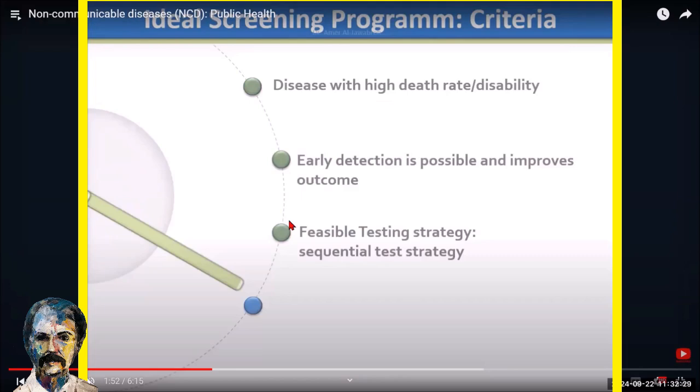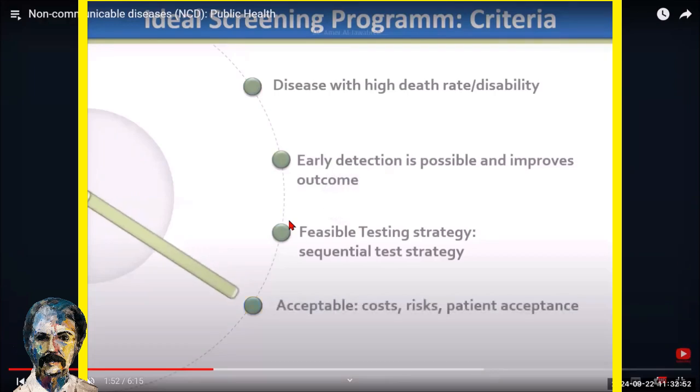So there is a screening test, FBS, and a confirmatory test, OGTT. Another example is breast cancer: mammography, then biopsy. If the tests have this possibility, then it's good to screen. Imagine if you don't have a confirmatory test, why screen? Because screening tests are not very sensitive, or maybe sensitive but not specific.